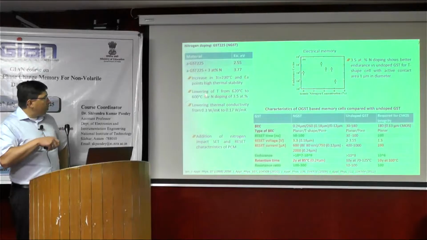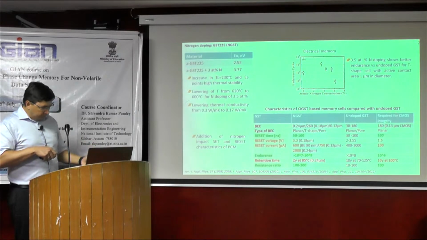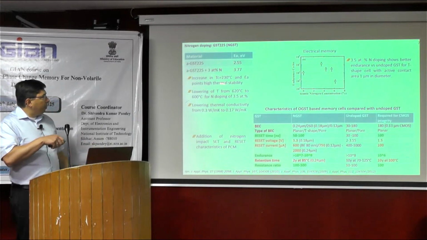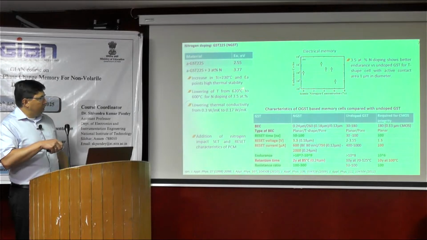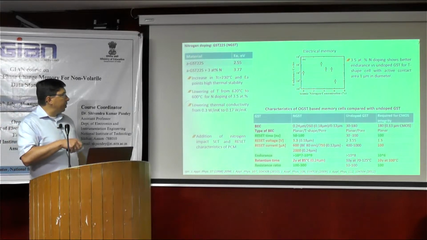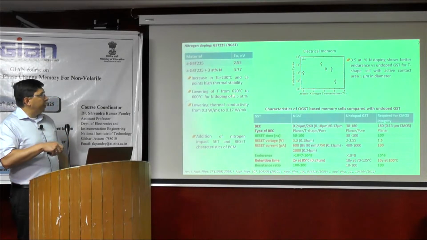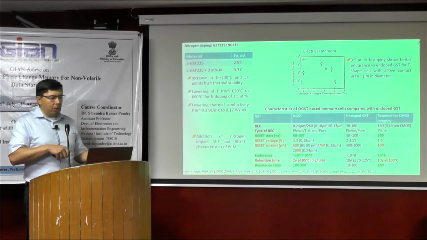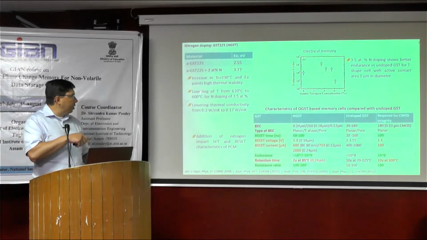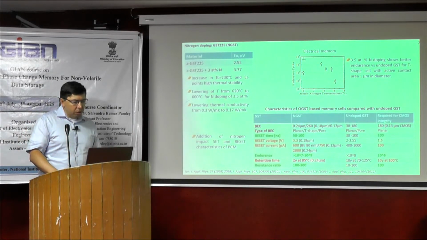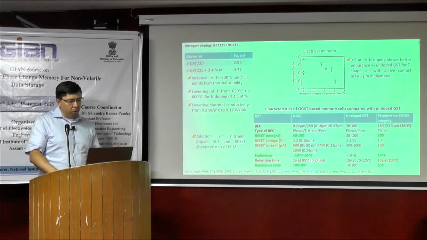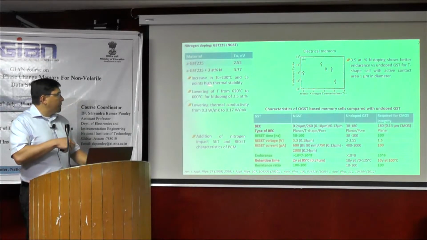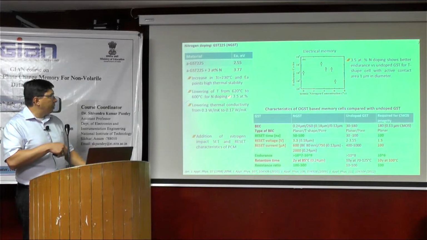But nitrogen also lowers the melting temperature. For standard GST 225 it's around 620 degrees C, and doping with 3.5 atomic percent of nitrogen lowers the melting temperature to 600 degrees C. This is also an advantage if we want to reset our cell, because we can effectively amorphize this material.